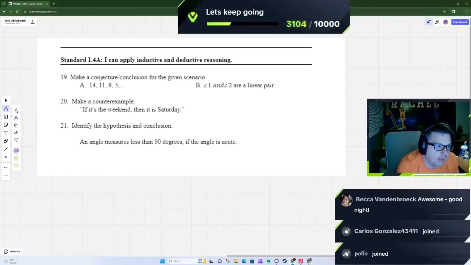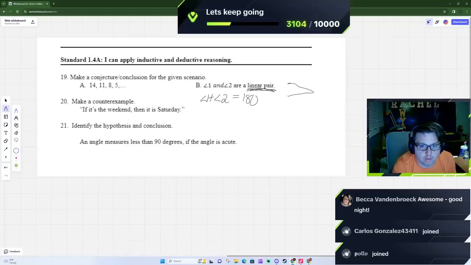Deductive really has more of, they're telling you exactly what they want you to do. They're telling you these two are a linear pair. So by knowing the definition of linear pair, I could use deductive reasoning and say angle 1 plus angle 2 equals 180 degrees, because what they're saying is one angle plus the other angle make a straight line. Okay, that's what a linear pair is.